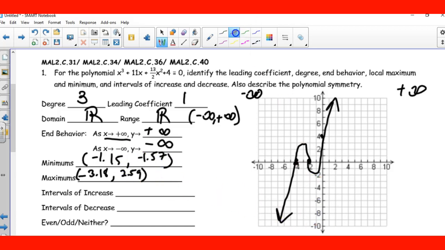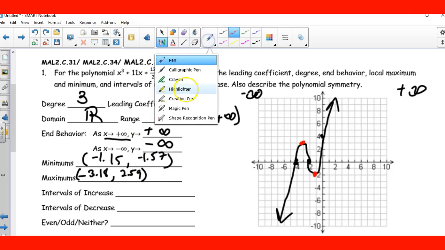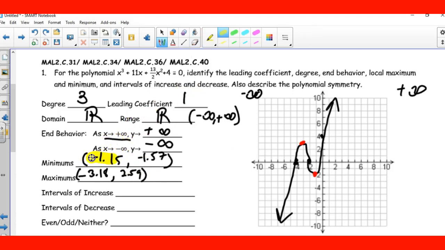Now for our interval of increase and decrease. Here's what you do, guys. There's our maximum, there's our minimum. Remember, there's negative infinity out here, positive infinity out here. I'm going to write the x values of my max and min.